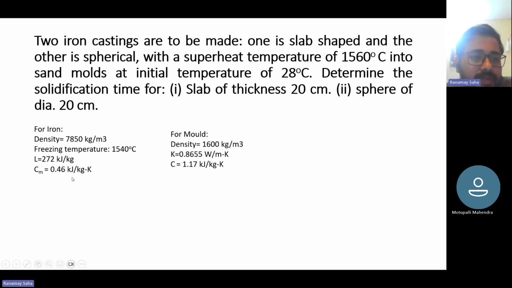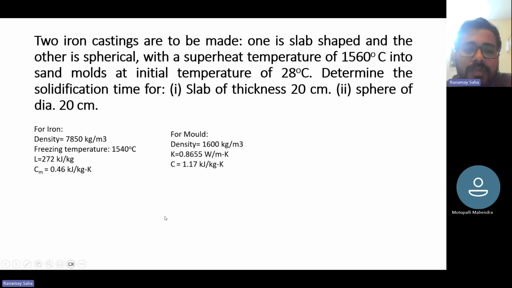I have given you some data. For iron, you have a density of 7850 kg per meter cube, a freezing temperature of 1540 degrees centigrade, a latent heat of 272 kilojoule per kg, and a specific heat for the molten metal of 0.46 kilojoule per kg Kelvin.